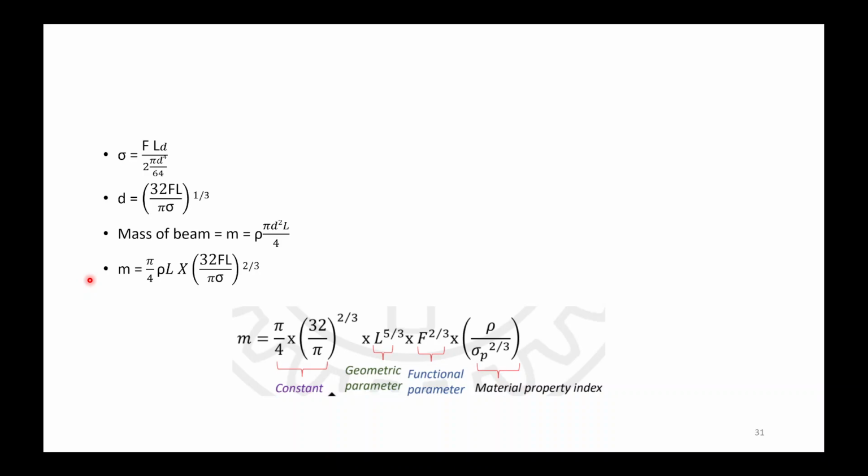Now from there, we'll be putting this value, and then similarly segregating our constant, geometric parameter, functional parameter and material property index.